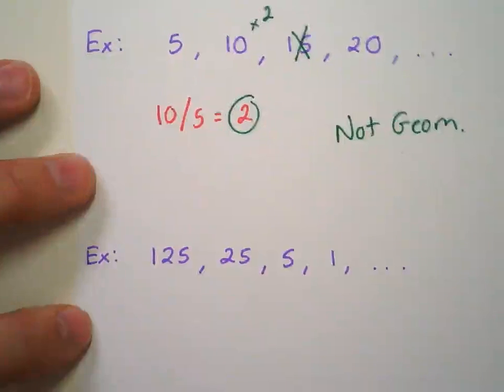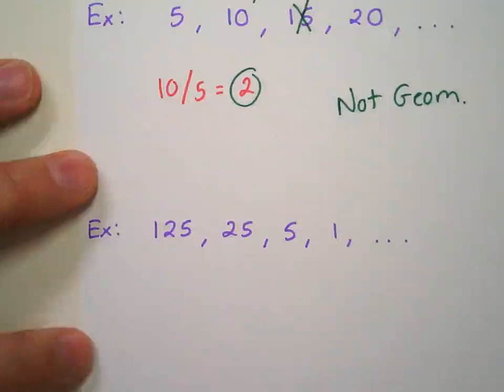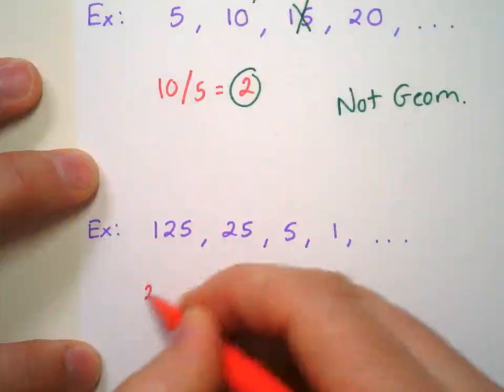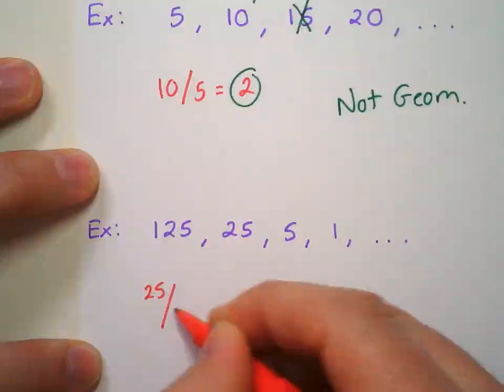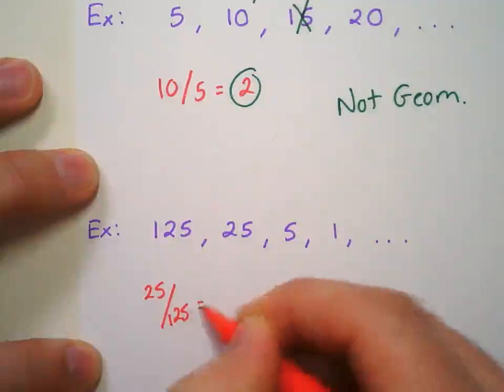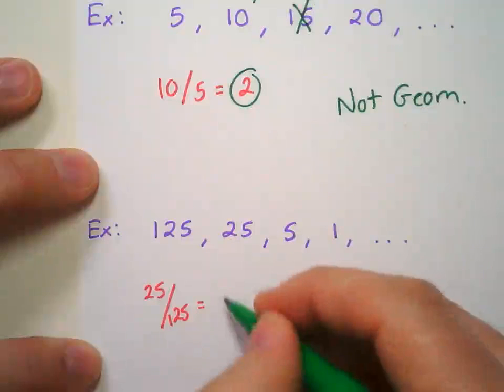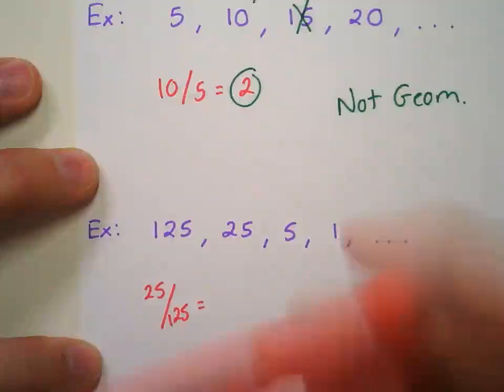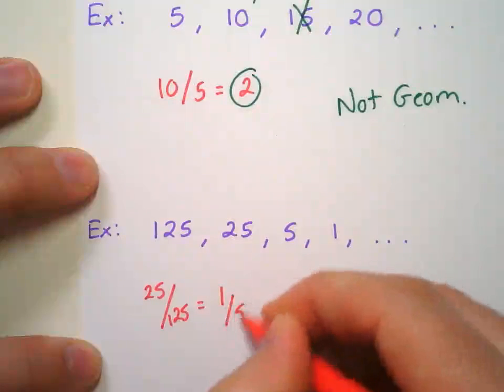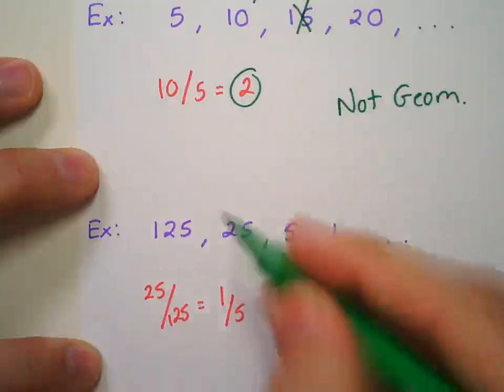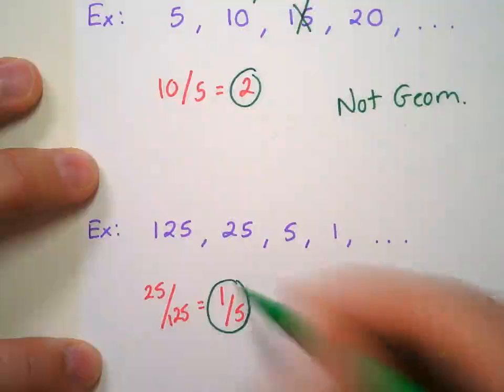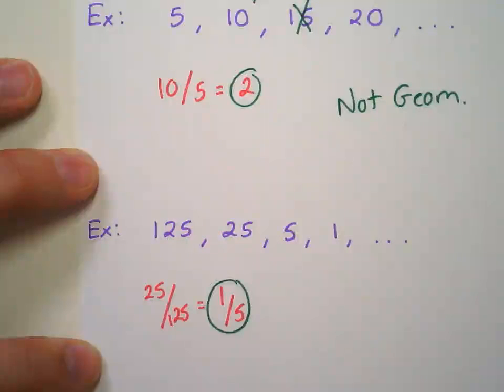Let's take a look at this next example here. We're taking our second term, which is 25, divided by 125. Well, 25 divided by 125, you probably need your calculator for that, but that's going to be 1/5. It's okay that we got a fraction.